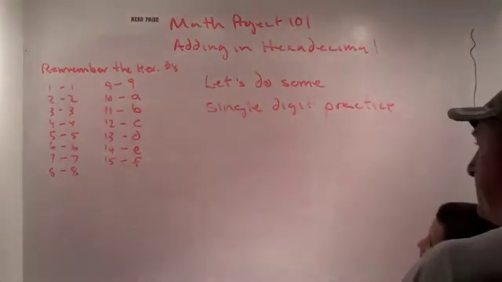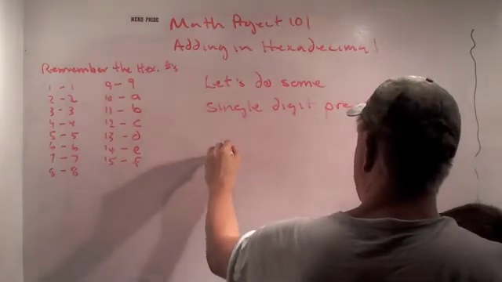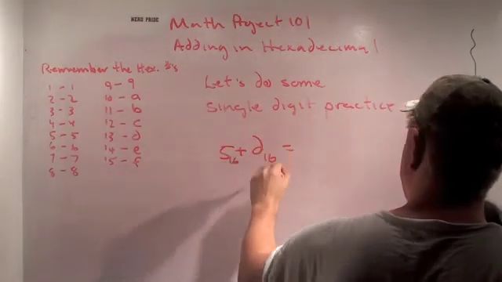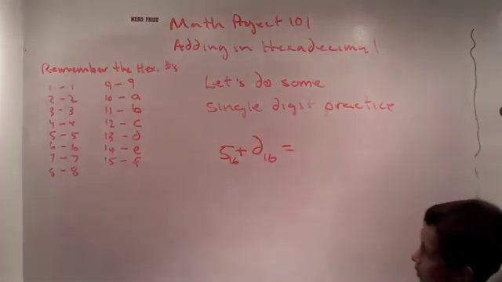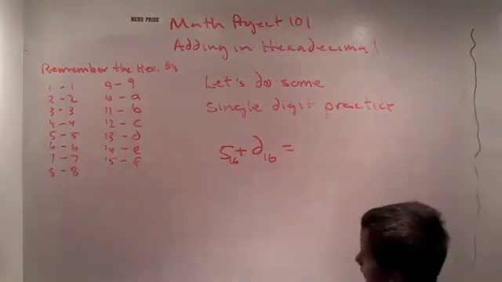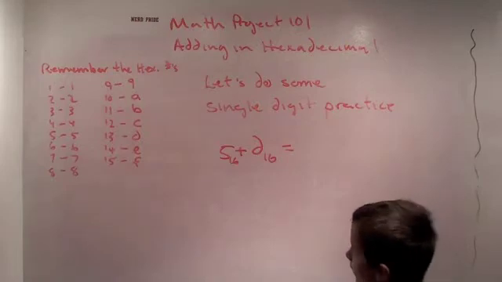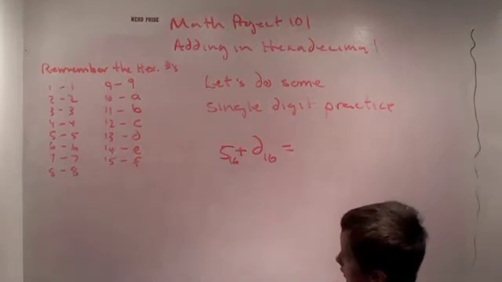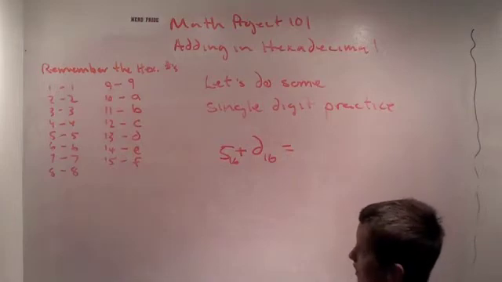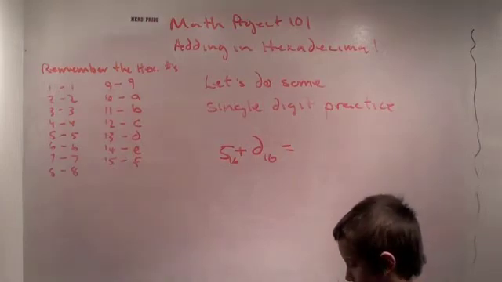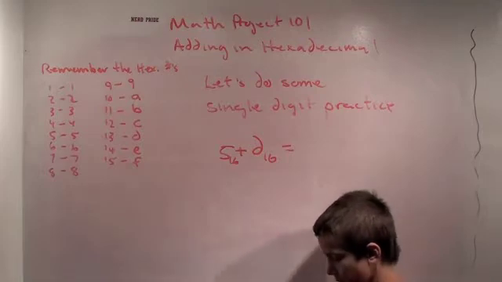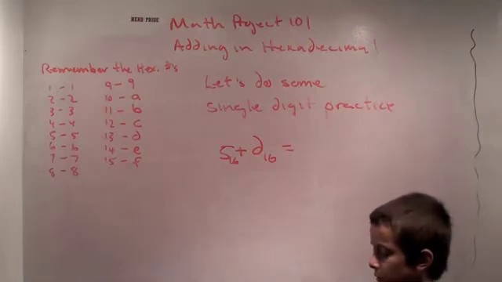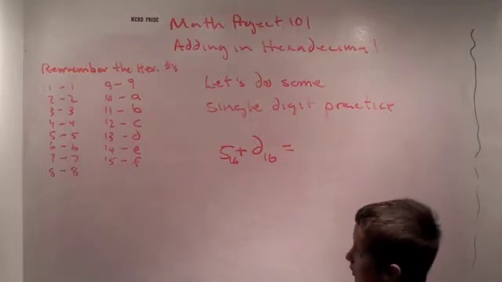So how about 5 plus D? 5 base 16 plus D base 16. What does that equal? Well, D is 13. 5 plus 13, we want to write 18, but that would be in base 10.